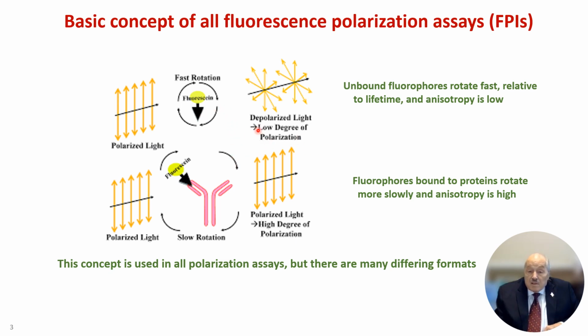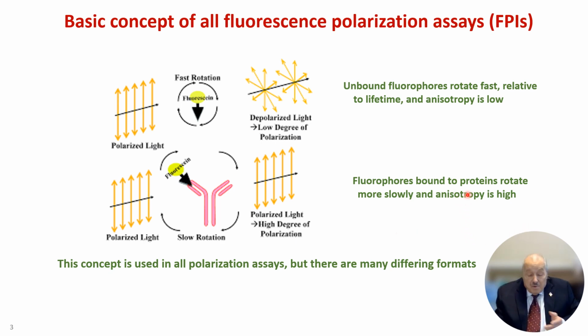So first you look at it, it's called just a fluorescein here, but it would really be a drug-fluorescein conjugate, and the anisotropy is going to be low because the rotational rate is going to be high relative to the lifetime. But if this molecule now binds to an immunoglobulin, immunoglobulins are big, molecular weight 150 kilodaltons, well, that slows down the rotation and the anisotropy goes high.